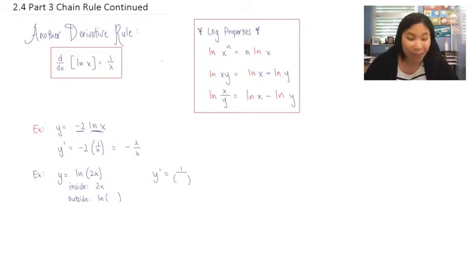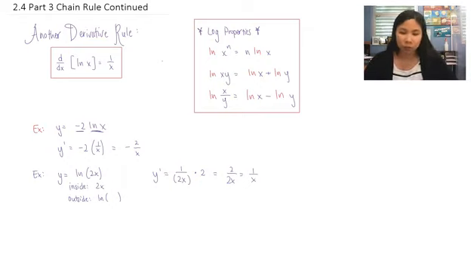So the stuff inside the parentheses, we said, stays exactly the same, so it's still going to be the 2x. Then we're going to multiply that by the derivative of the inside. The inside stuff was 2x, so the derivative of 2x is just 2. When I multiply that, I end up with 2 over 2x, which just simplifies to 1 over x. Cool. Okay, so the derivative of the natural log of 2x is just 1 over x.